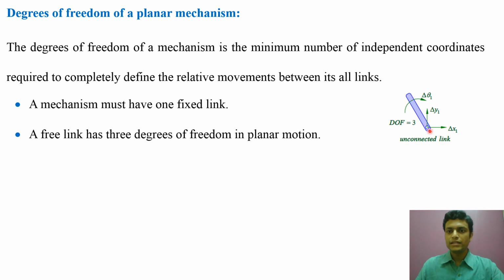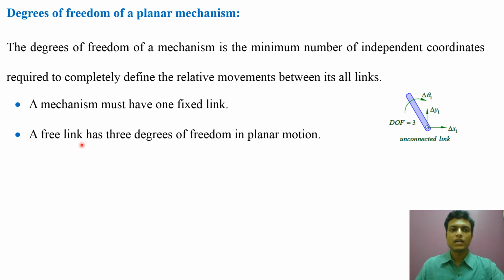This is a free link in plane motion. The link can translate along the x direction, it can translate along the y direction, and it can also rotate about the z axis, that is the axis perpendicular to the plane of motion. So 3 independent coordinates can completely define the motion of the unconnected link.